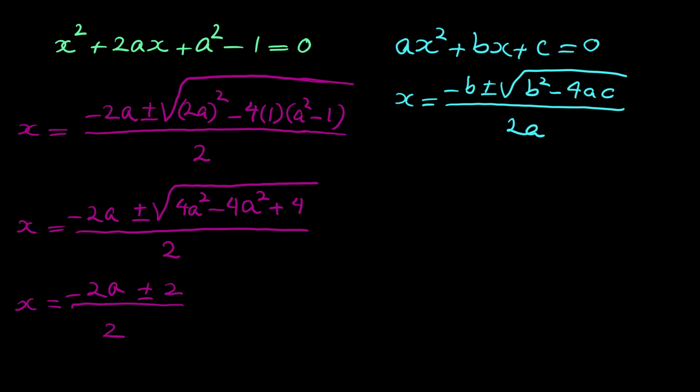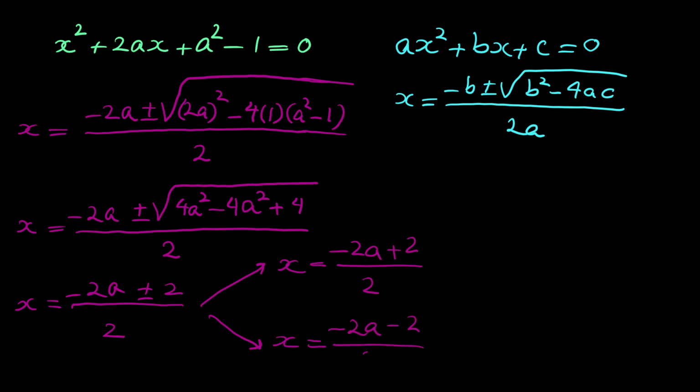Now we want to simplify our answers. So basically we have two answers. Negative 2a plus 2 divided by 2. Negative 2a minus 2 over 2. So we have two solutions. One of them is negative 2a plus 2 over 2. The other one is negative 2a minus 2 divided by 2.